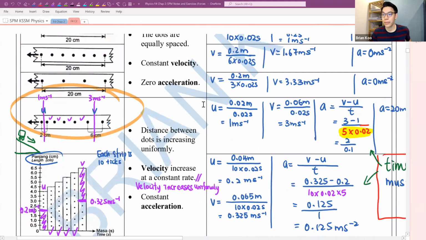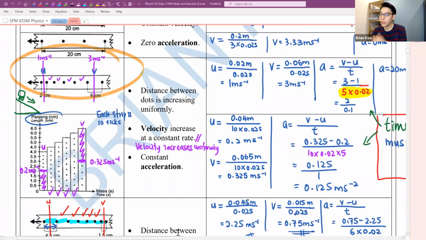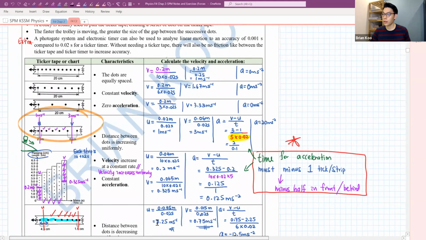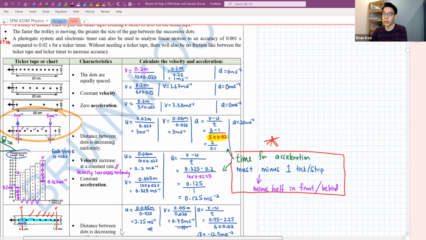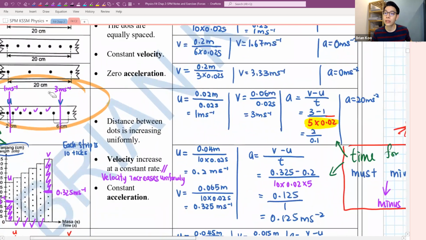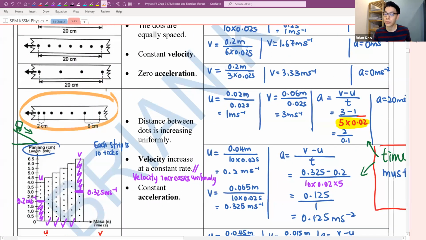For ticker tape, okay, you know what? Let me use this example. I don't think you guys have space, but if you do, you can put this down. Okay, so this one is the initial velocity. This one is the final velocity. Sometimes you don't need the equation, like for this case.